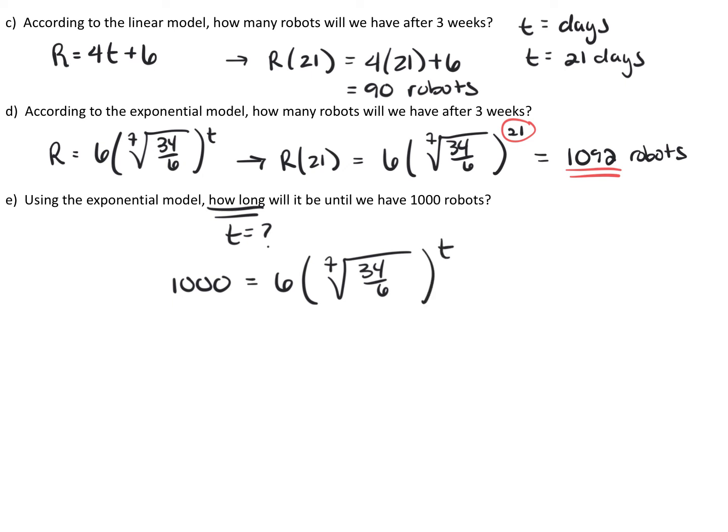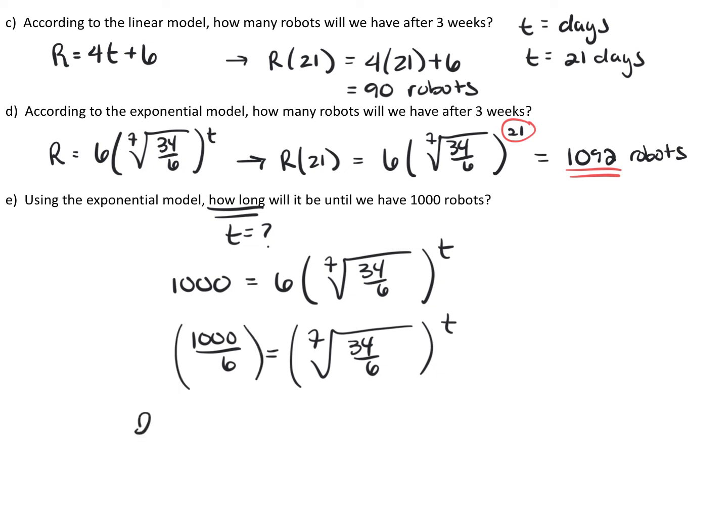So the first thing I'm going to do is divide both sides by 6. And then once I have that, I can take the natural log of both sides. So the natural log of 1,000 divided by 6 is equal to t times the natural log of the 7th root of 34 over 6. And then divide both sides by that natural log.